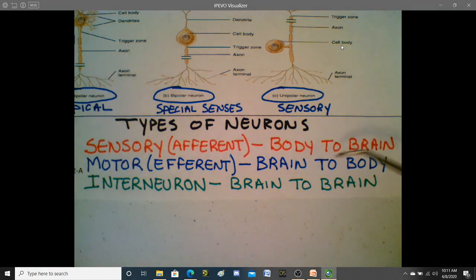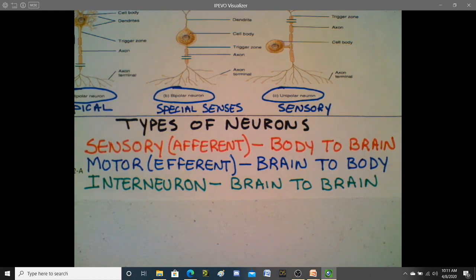So you can imagine, our spinal cord is made up of both sensory and motor neurons. These are one-way streets too. So sensory only move from body to brain. Motor only moves from brain to body. Then our brain itself is made out of these specialized neurons called interneurons, which allow information to move from one part of your brain to another. So I just wrote brain to brain. And so those are the different types of neurons.